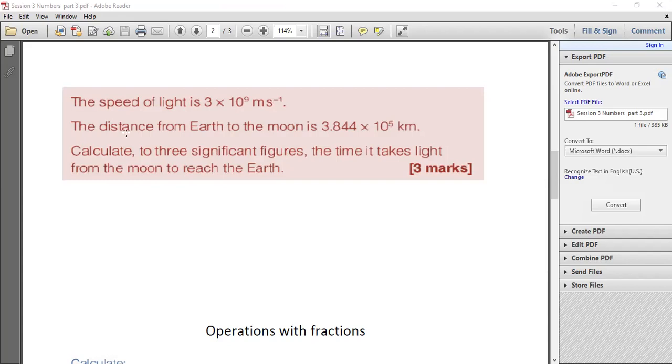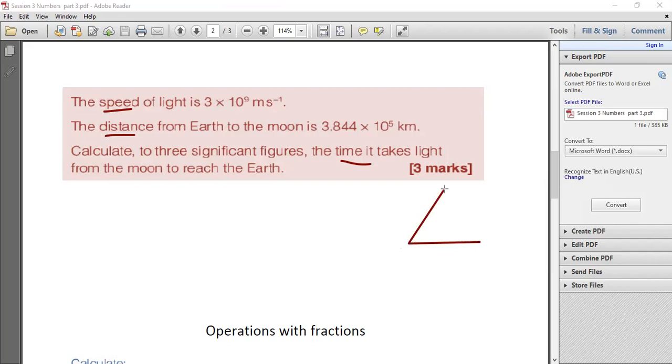Shabab, do you know the relationship between the speed, distance, and time? Who knows? You studied it in physics. Who remembers the formula?